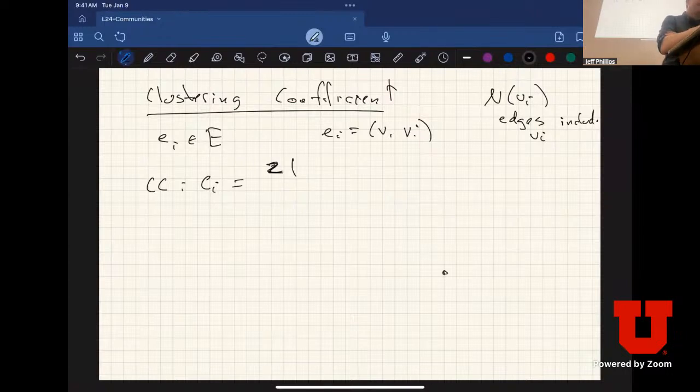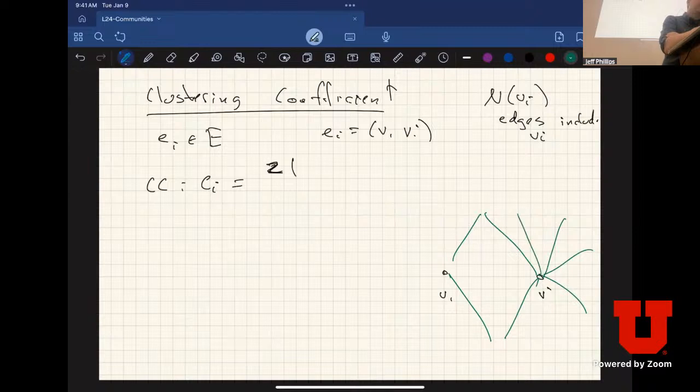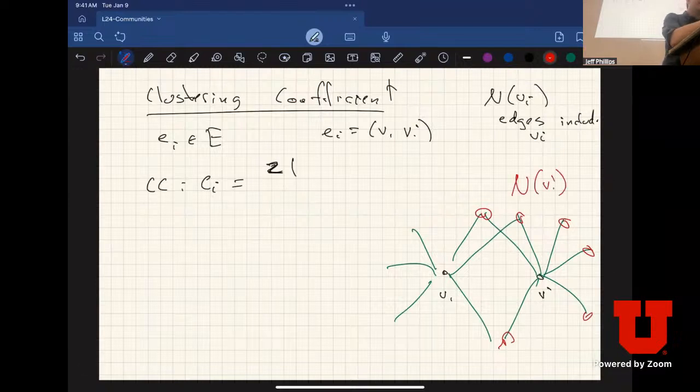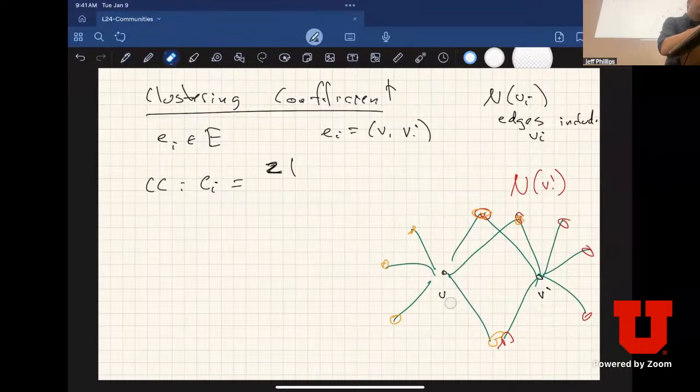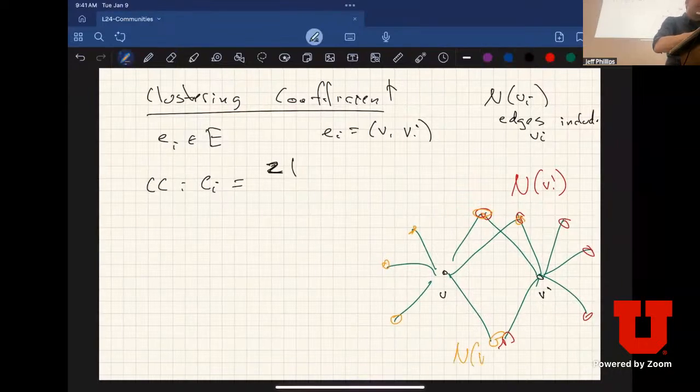So if I have two vertices v and say v prime, I've got a bunch of edges. Its neighborhood is, the red ones would be the neighborhood of v prime, and the orange ones would be the neighborhood of v.